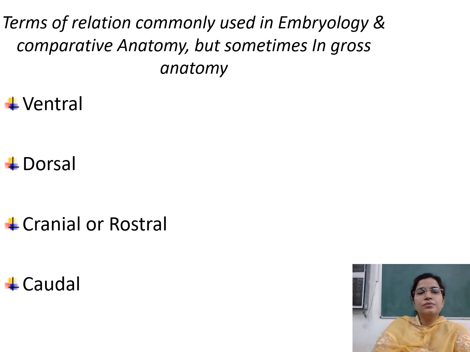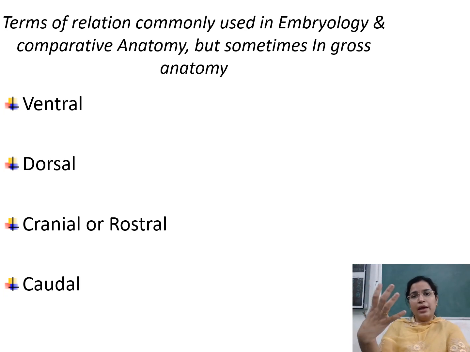Now, the terms of relation commonly used in embryology and comparative anatomy, but sometimes in gross anatomy. What is ventral? Ventral means the anterior aspect, the front surface of the body, which is the term commonly used to denote the anterior front surface of the embryo.